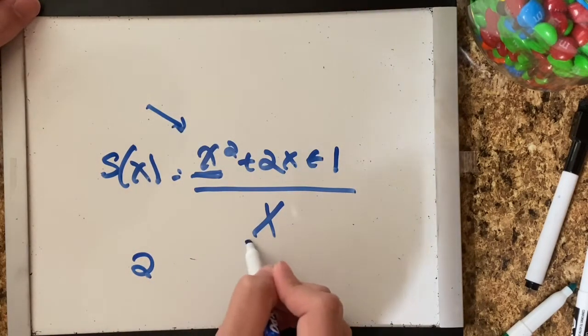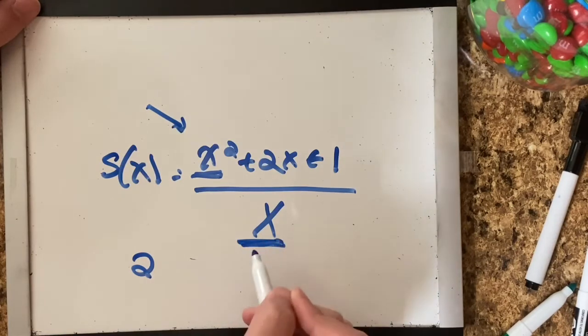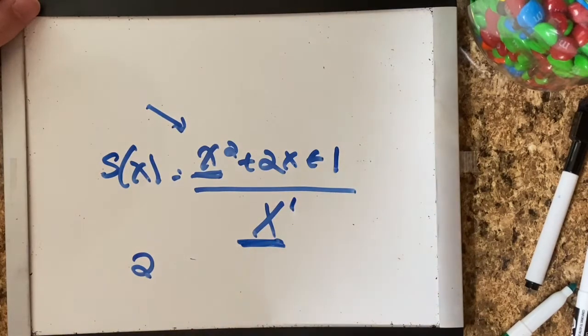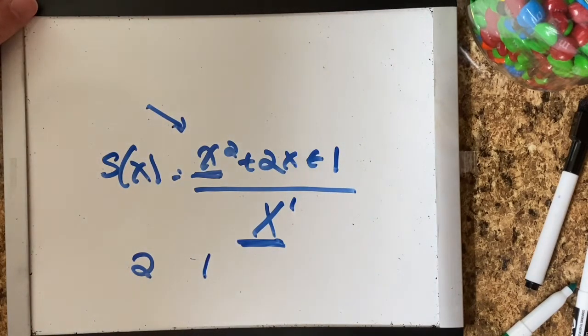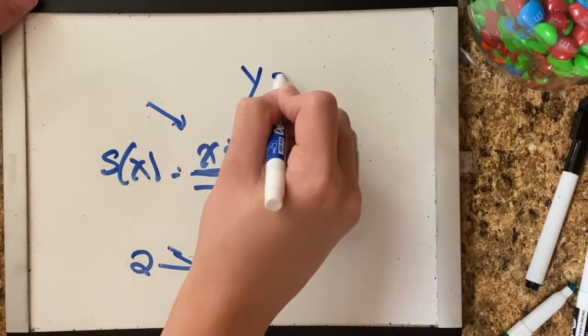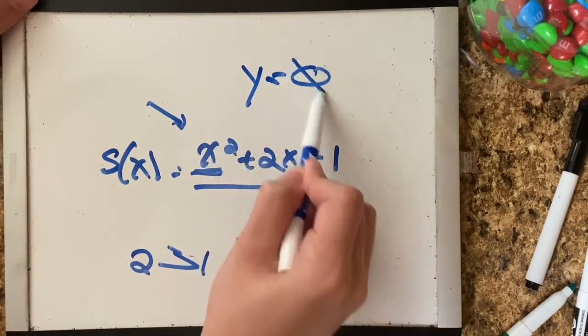As for the denominator, the exponent for x would just be 1. So the degree of the denominator would be 1. Because 2 is bigger than 1, the degree of the numerator is greater than the denominator, which means the horizontal asymptote would not exist, or is unbounded.